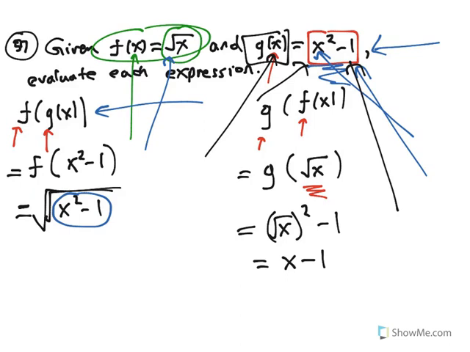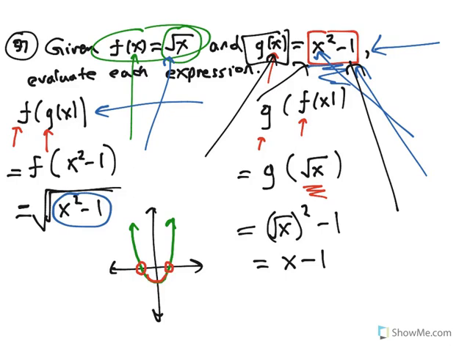So what values of x would make g of x negative? If you want to look at the graph of g of x, you can see that very clearly. The graph of g of x is a parabola opening upward, and you can see that for these values of x, between -1 and +1, g of x will be negative. And you cannot take the square root of a negative number.